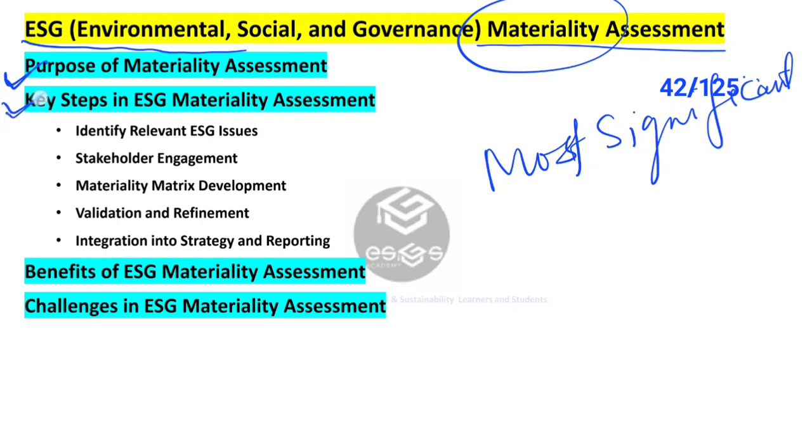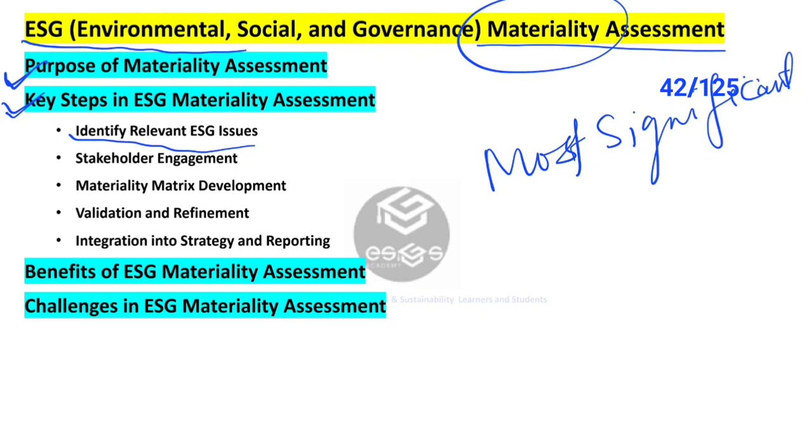Next, we discuss the key steps in ESG materiality assessment. What can be the key steps? First one is to identify relevant ESG issues. How do we identify? We need to conduct an internal assessment, reviewing internal policies, operations, and stakeholders' concerns to identify potential ESG issues.